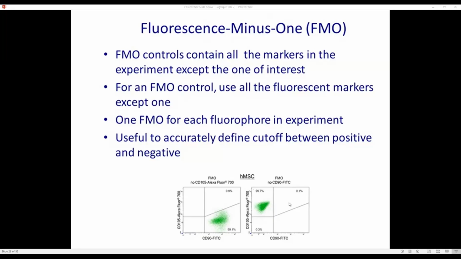So anything beyond that boundary, which I've done with FMO, will be taken as positive, and anything within that will be taken as negative. So that's the concept with FMO. So I repeat, single stain control is mandatory, whereas FMO is not mandatory, and you can use it only when there is a very sensitive experiment where you need to draw this negative cutoff perfectly.